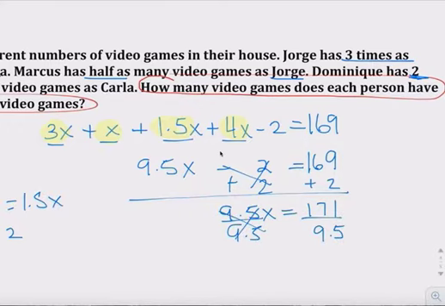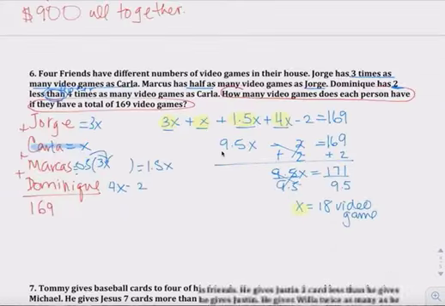Oh, I hope this works out. Let's see, clear. 171 divided by 9.5. 18. x is 18. 18 what? 18 video games. Not dollars. Who has 18 video games? Let's see who has the variable x. Carla. Carla has 18 video games.